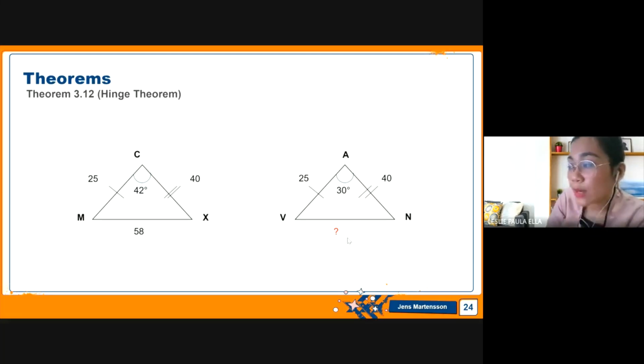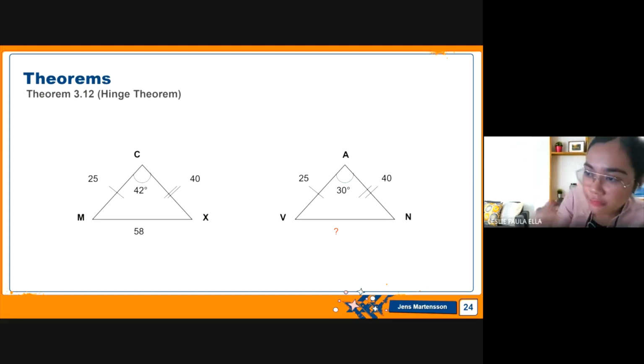So what might be the value of line VN? Is it longer than 58 or shorter than 58? Type your answer. What might be the value of line VN?